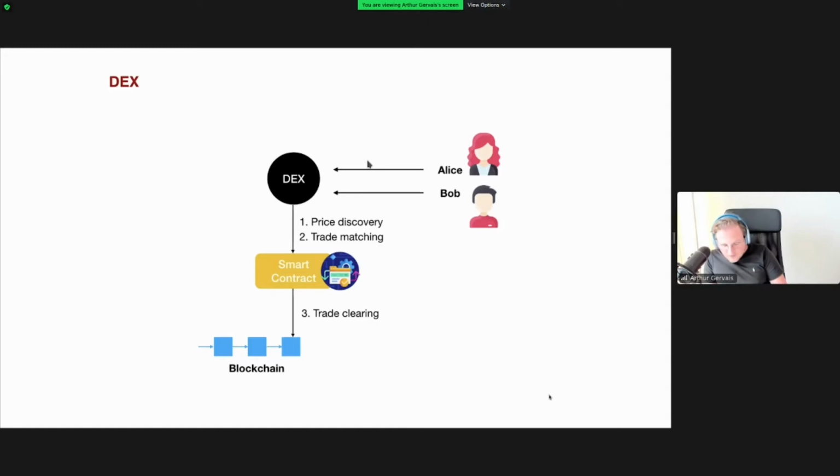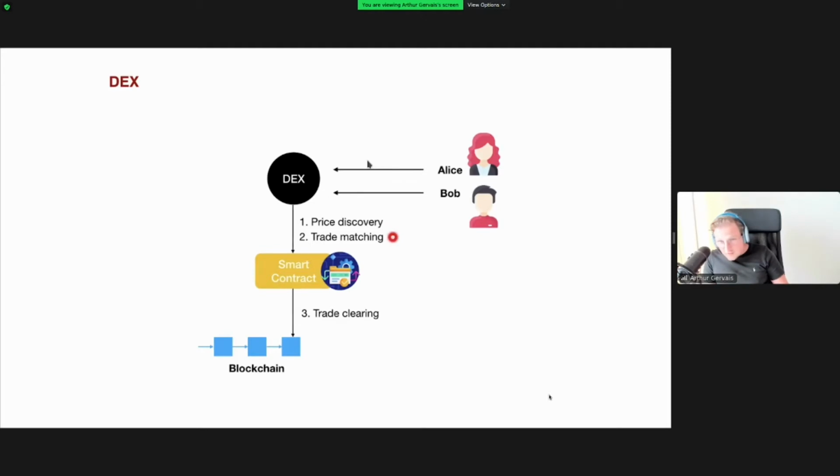A few traditional exchange techniques are price discovery. If you have two assets, an asset X and an asset Y, what is the relationship of those assets? What's the price ratio between those two? That's price discovery. So the smart contract can discover this.